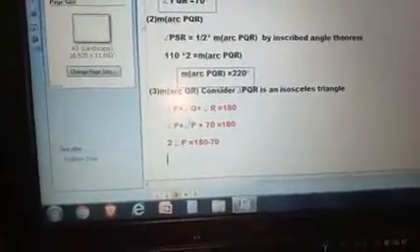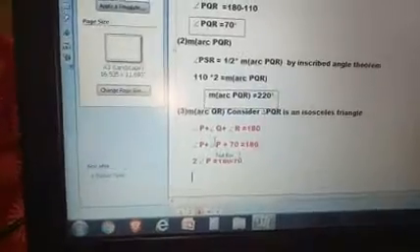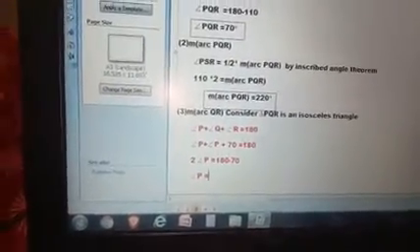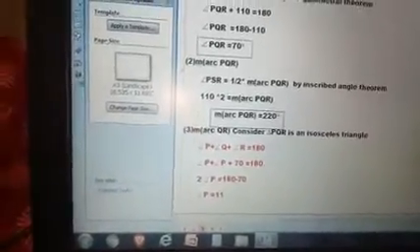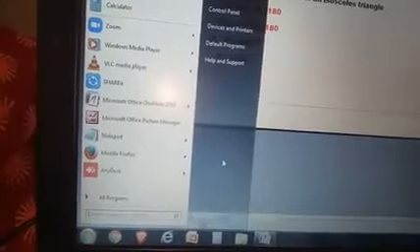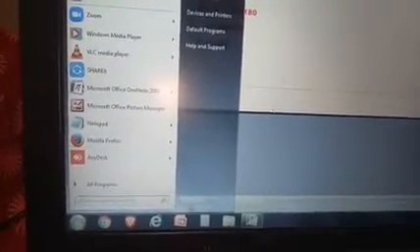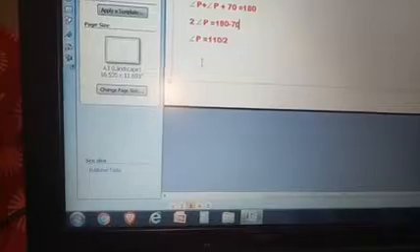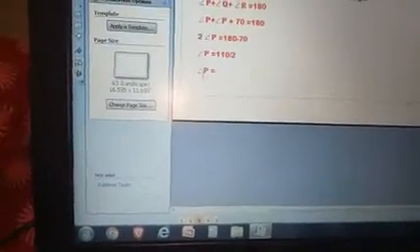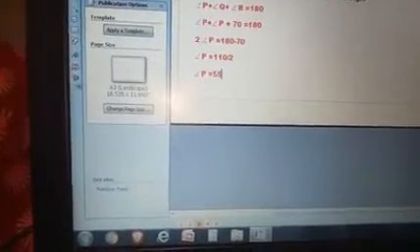After that, this 2 multiplies here, goes to the other side and divides, then angle P is equal to 180 minus 70, which leaves only 110 degrees, divided by 2. If you divide, then angle P is equal to 110 divided by 2, which means 55 degrees.